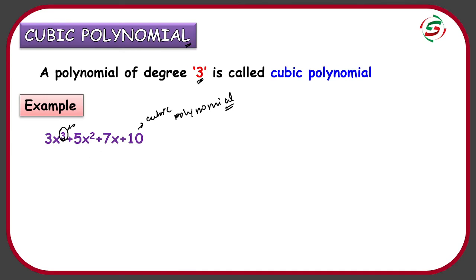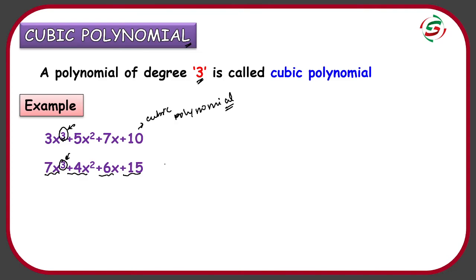Because of the degree 3. In the same way, 7x cube plus 4x square plus 6x plus 15. Here you can see that the highest power is 3, so the degree is 3. Hence it is a cubic polynomial. So now I think you got what is a linear polynomial, what is a quadratic polynomial, and what is a cubic polynomial.